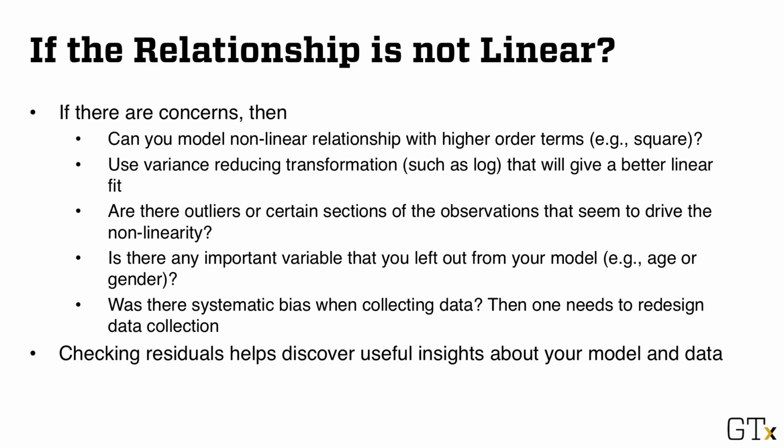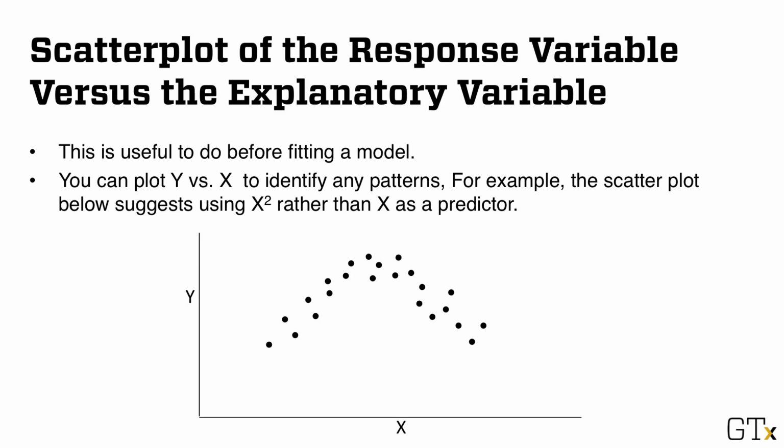Checking residuals helps us discover very useful insights about the model and data. So you can examine the scatter plot of the response variable versus the explanatory variable. This is useful to do before fitting a model, and you can use that to identify any patterns. For example, in this scatter plot, using x squared rather than x as a predictor might be a better idea.